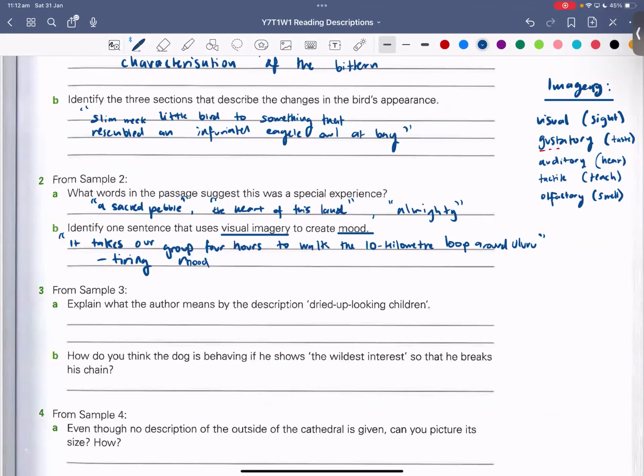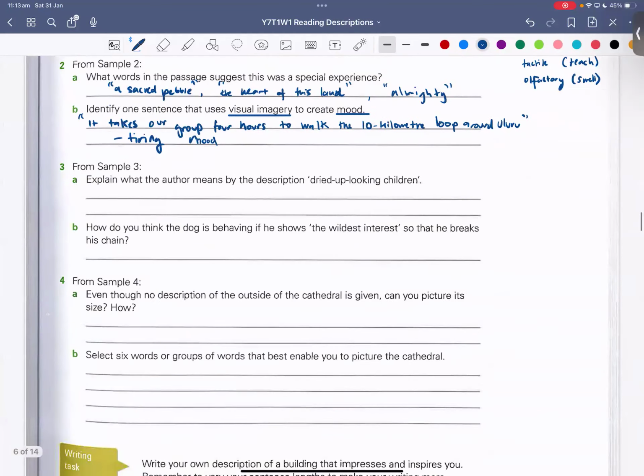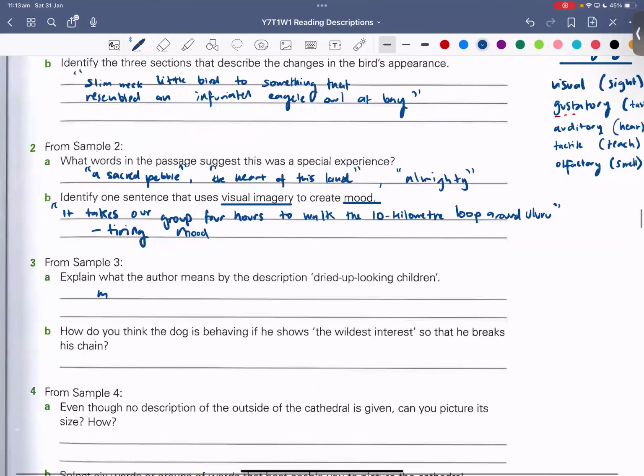Explain what the author means by the description, dried up looking children. What does he actually mean that the children are dried up? What could it mean as well? Yes? They may be malnourished and dehydrated, and they could also be very tired from living, like exhausted.